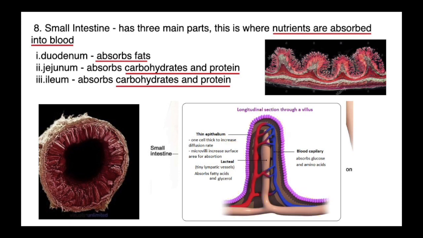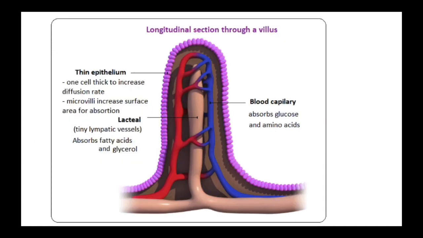Okay, so how does this absorb food? Well, let's go to the next slide. Okay, now we're zoomed in a little bit here. I'm going to represent glucose or carbohydrates with pentagons, protein with these diamonds, and fats with these triangles. Basically, these simply go through these cells and they end up in the blood.